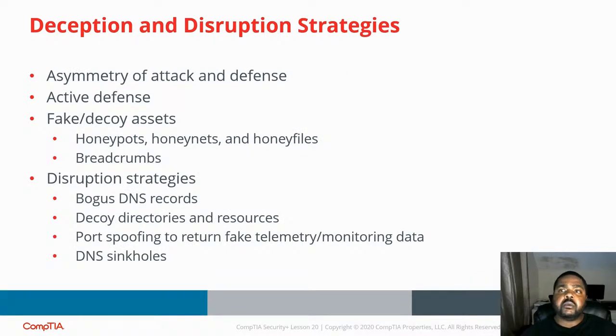So finally, we want to talk about deception and disruption strategies. You don't have to necessarily be on the offense all the time, or I'm sorry, on the defensive all the time. Sometimes you can actually apply some offense and attack back, so to say. The one that you want to be more concerned with is the use of honeypots, honeynets, something that we put on the network that makes it look real attractive to a hacker.